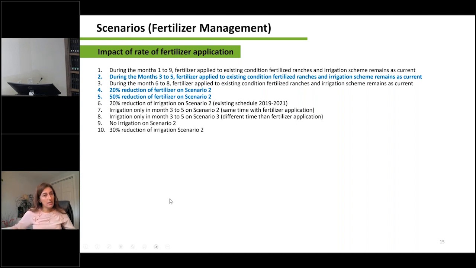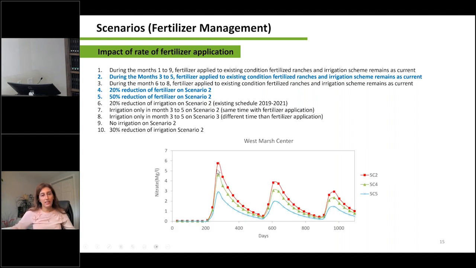Let's see the impact of the rate of fertilizer, and this is exactly what we expected again. Scenario 2 is the application during the dry period, then we have the 20% and then 50% reduction in the amount of fertilizer, and this is what we got.